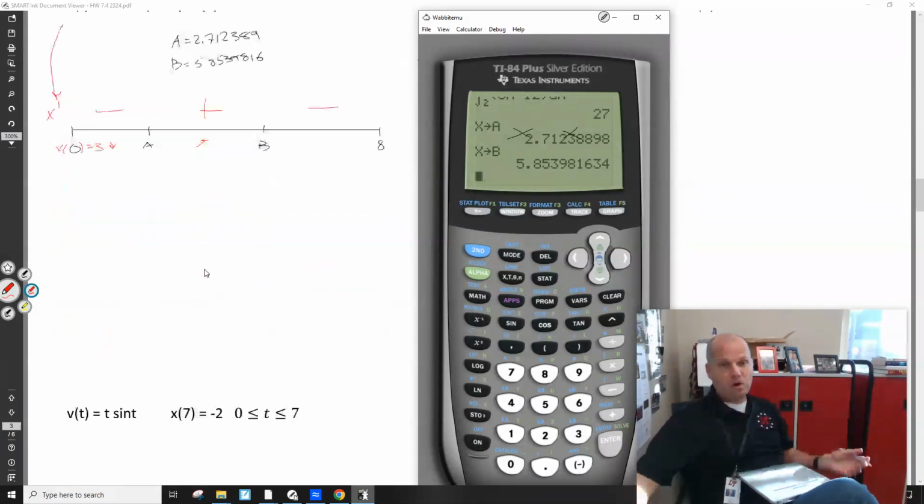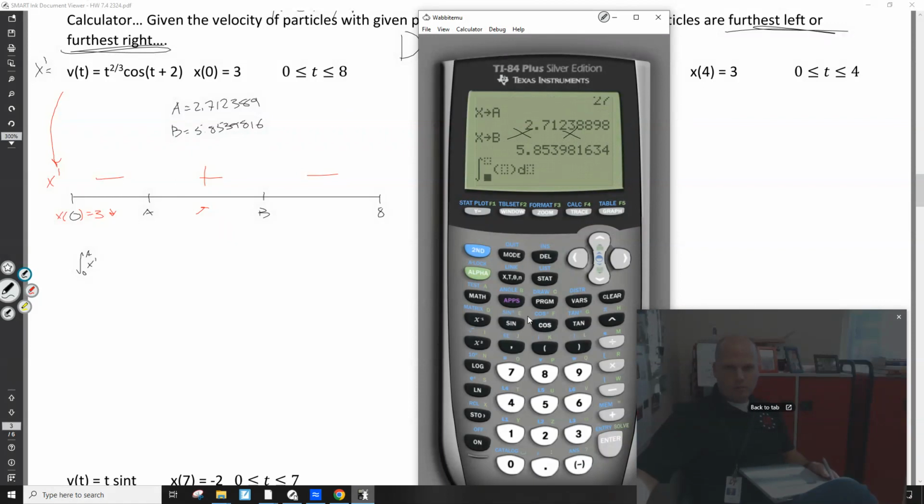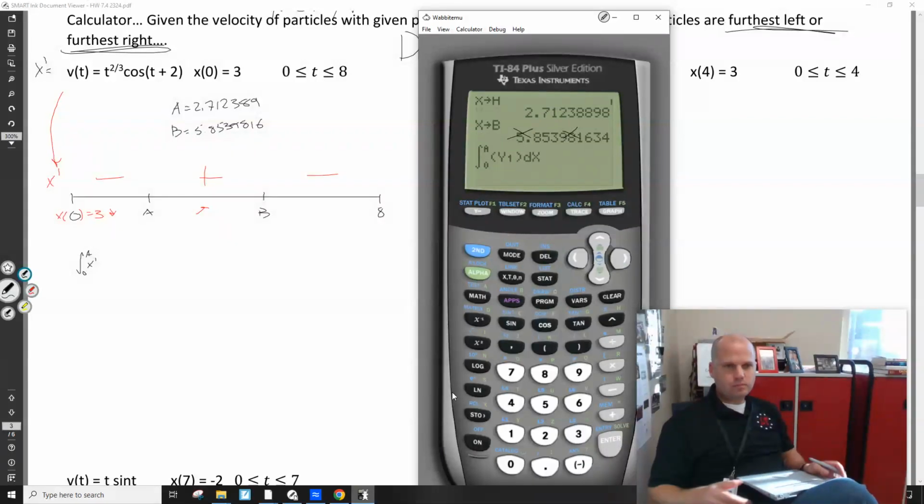I'm going to show all the work that you need to show. So let's go 0 to A of my derivative. Let's break out Mr. Calculator, 0 to A of y1. Make sure you put dx.